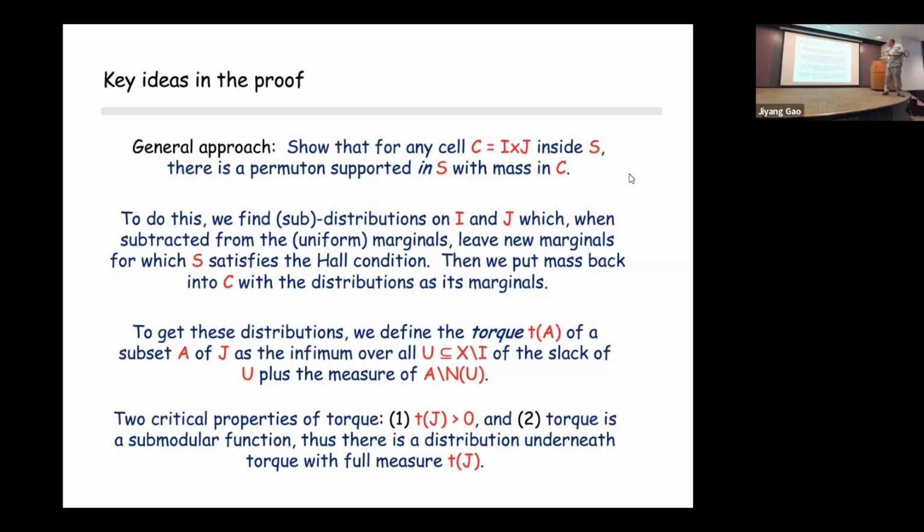And very importantly, torque can also be shown to be a submodular function. And submodular functions have this wonderful property that they contain distributions underneath them which have the same mass as the total mass of that submodular.